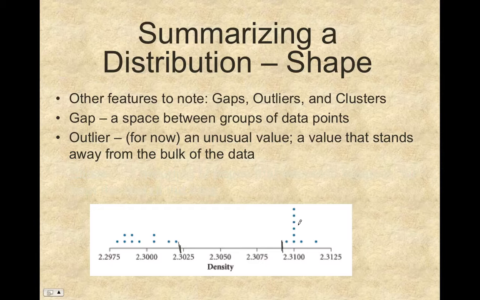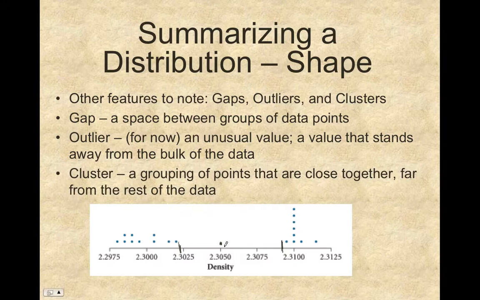It's going to be an extreme, so either an extreme low or an extreme high. If there were, for some reason, a dot here in the middle, I wouldn't call that an outlier because it's really in the middle. An outlier is going to be a low or a high. We'll talk more later about how to define those a little bit more mathematically.